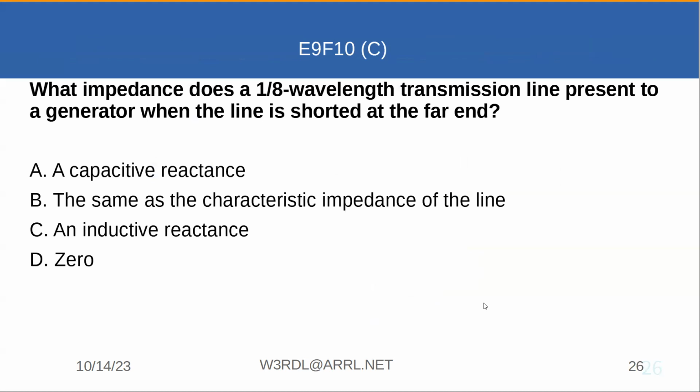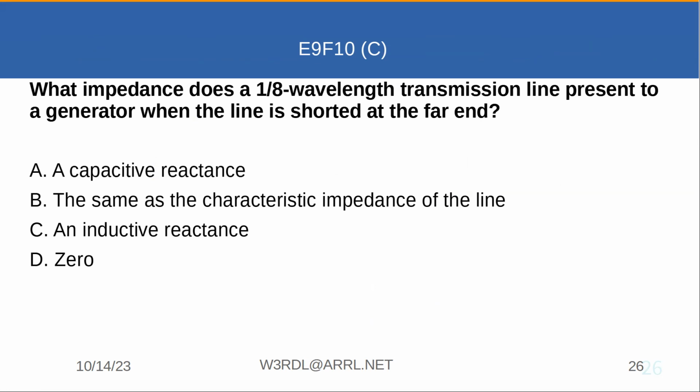So what impedance does a 1/8 wavelength transmission line present to a generator when the line is shorted at the far end? Is it capacitive or inductive? You said when it's shorted, it's the opposite.